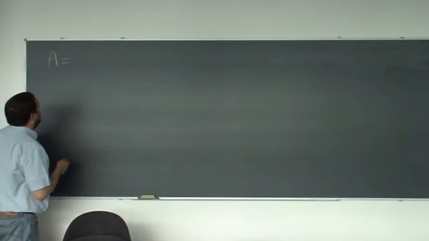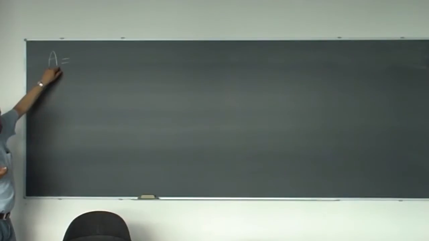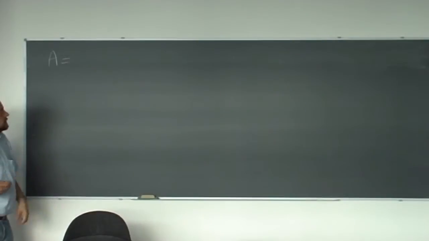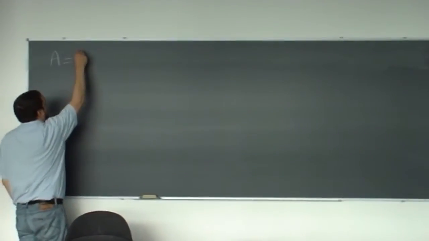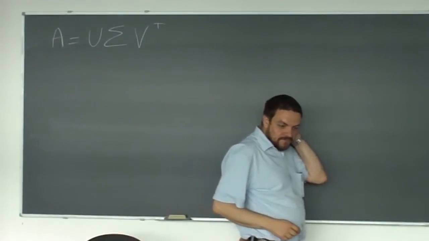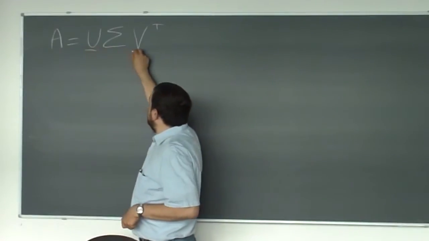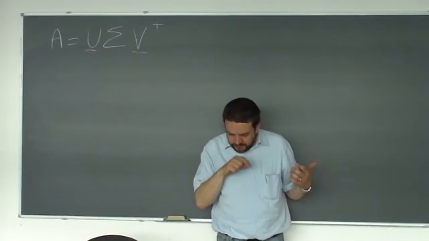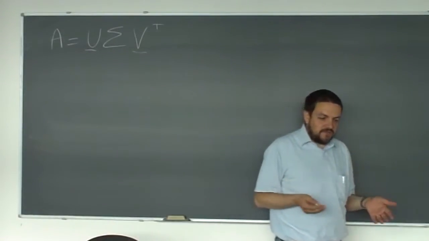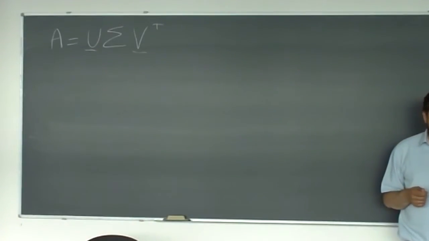And if you remember, it was a way to take any kind of matrix, be it square, rectangular, or anything else, and write it as a product of three very special matrices. In fact, U and V have orthogonal columns, which means that they are actually rotation matrices.